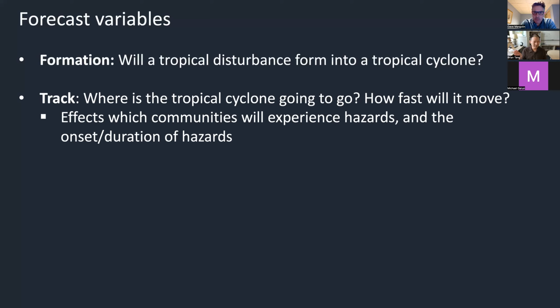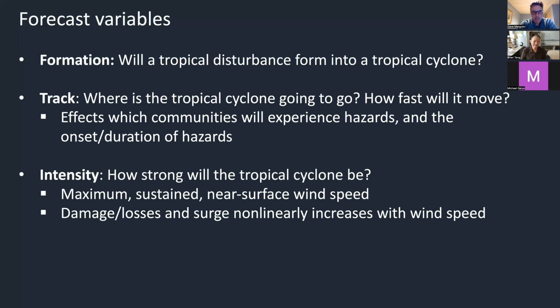For preparation, usually the onset of tropical storm force winds is the cutoff between when emergency managers want people to prepare versus finish evacuating and start to shelter in place. And also the duration of hazards is really important. The duration of hurricane force winds is related to damage, and the duration of inundating rains affects flooding. Those are all affected by the track and how fast a tropical cyclone will move.